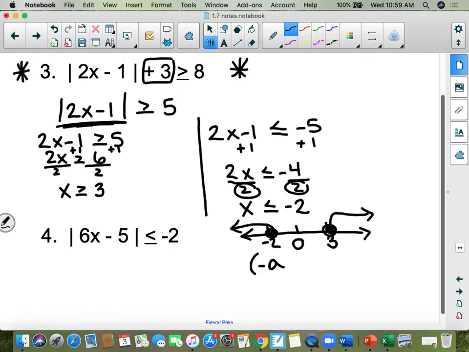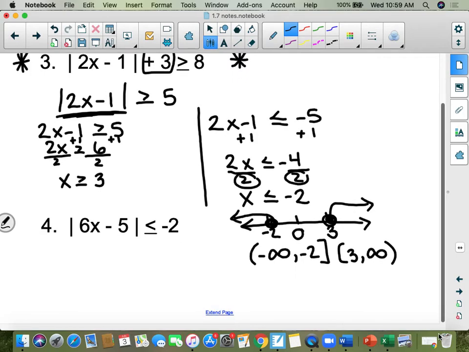A negative infinity to a negative 2 bracket and 3 to infinity. Just a reminder, I taught you that your arrows either go away from each other or they come together like that. I have never shown you one that looks like this, that go in the same direction. You're doing something wrong if they go in the same direction like that.